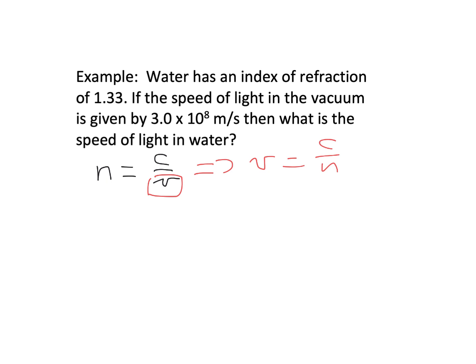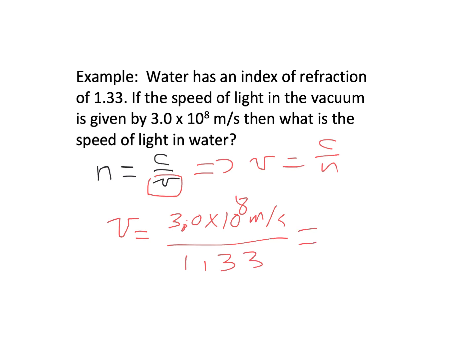We can say that the velocity of light in water is going to be the velocity of light in vacuum, that's our c, 3.0 times 10 to the 8 meters per second, and then that's going to be divided by 1.33, and that would give you 2.56 times 10 to the 8th meters per second.